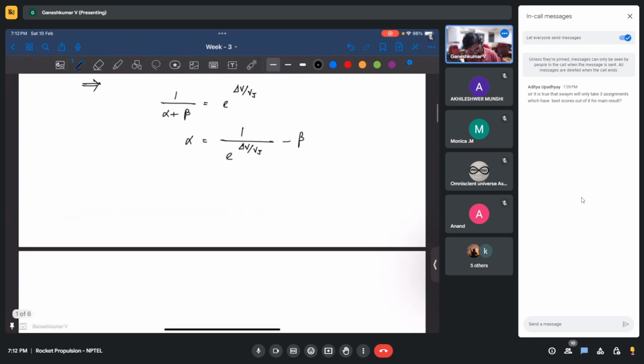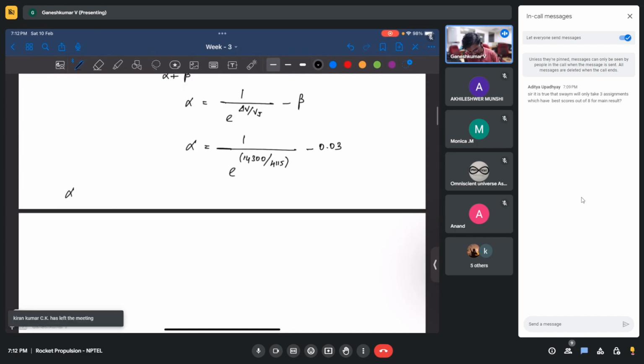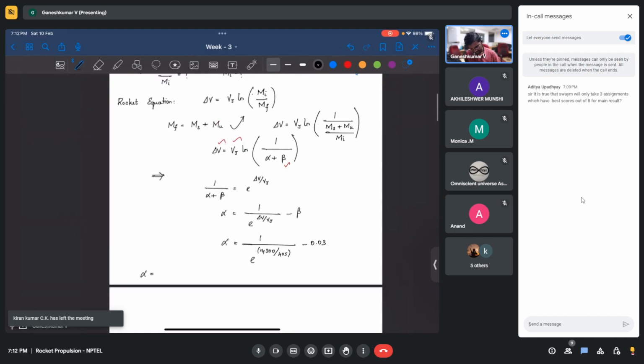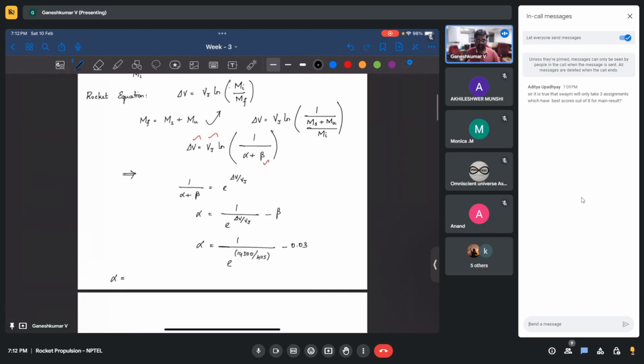Hence this can be written as 1 by exponential of 14300 divided by 4115 minus 0.03. This is going to be the alpha. Can you guys find what is the alpha? It's just straightforward algebra, so that's why I didn't go through it much.